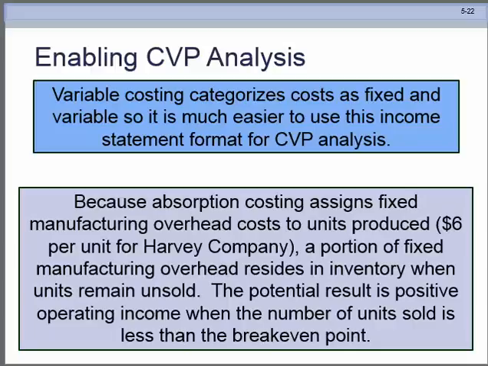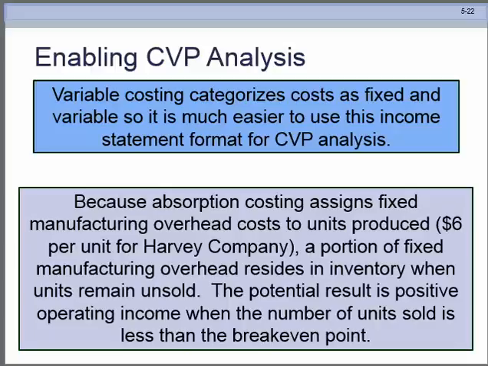All right, now let's bring our old friend CVP back into the mix. Variable costing categorizes costs as fixed and variable. So we can use this income statement format for CVP analysis. There should be no surprises here.